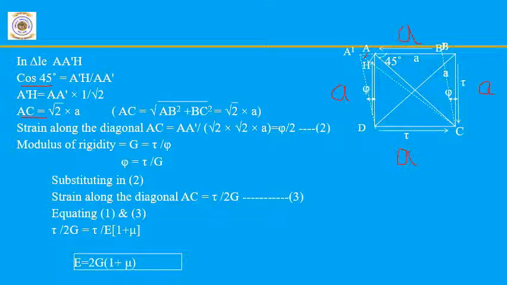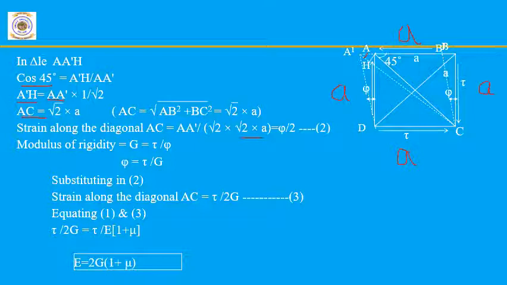And from the equation we know that the strain along AC is the change in length A dash H, so in place of A dash H we are writing A dash into 1 divided by root 2, divided by original length AC. So in place of AC we are writing root 2 into a.